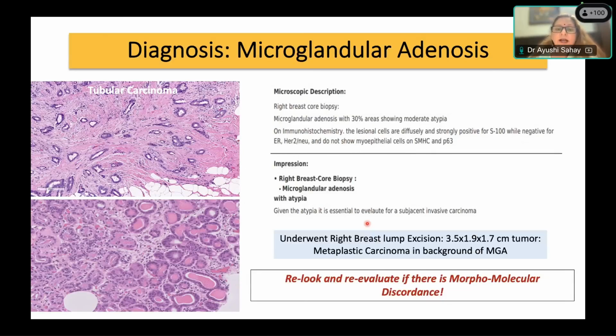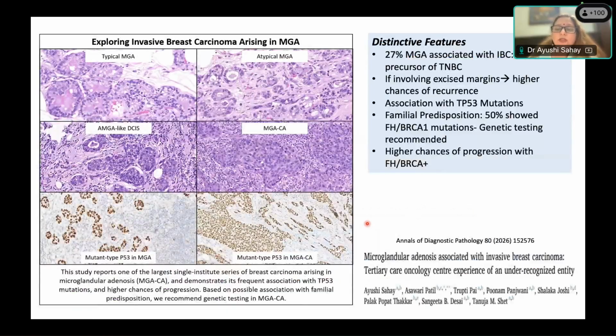Given that as many as 27% of microglandular adenosis can give rise to TNBCs, it is very important to advise excision, including absence of microglandular adenosis at the margins, to avoid a recurrence.